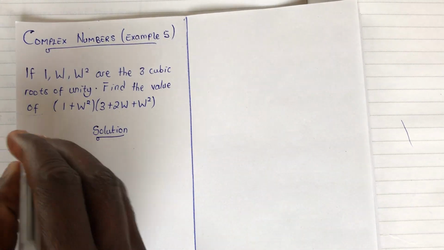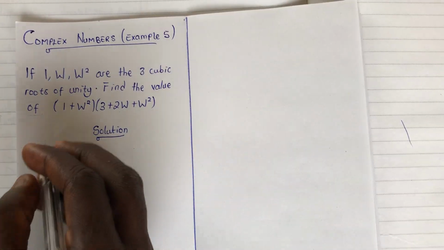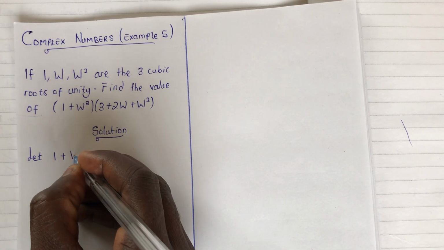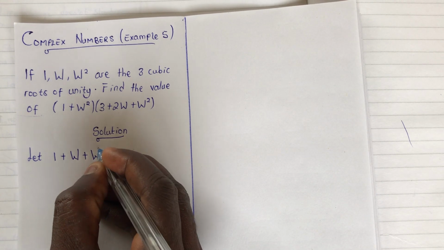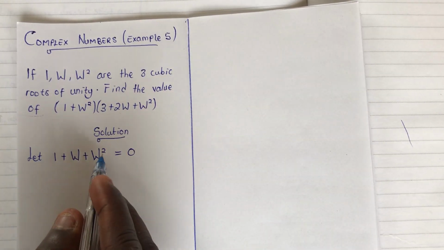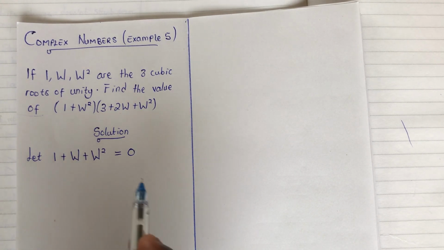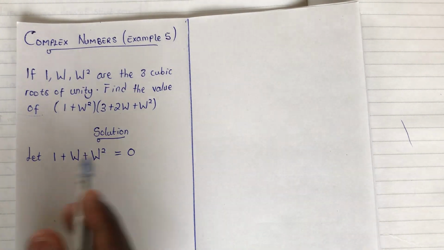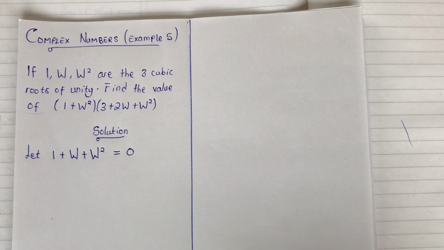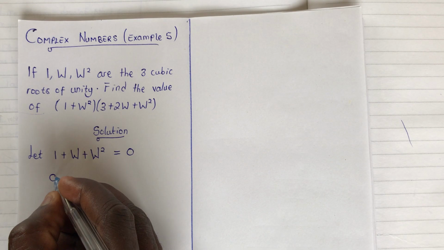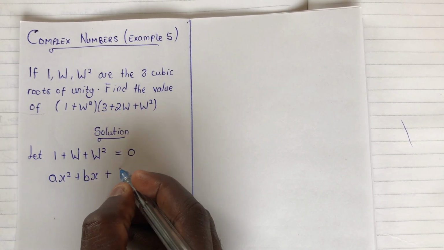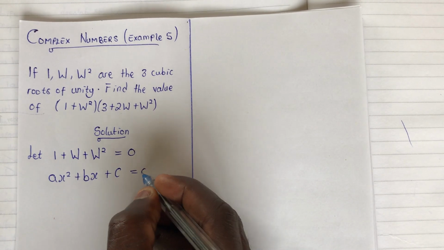So in your solution, we start by saying let 1 plus w plus w square be equal to 0, or you can say w square plus w plus 1 should be equal to 0. Now this, we need to use the quadratic equation to solve, so we compare this with ax squared plus bx plus c equals 0.